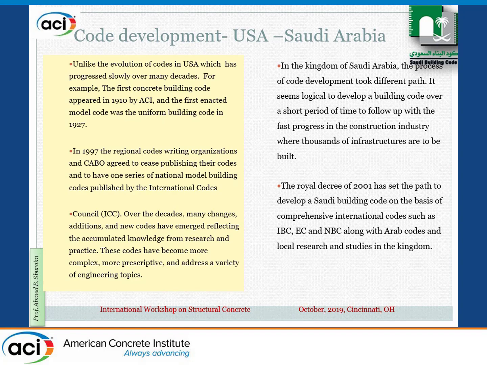After that, as you know, the three model codes joined and became the ICC, International Code Council, in addition to the other standards like ACI and steel standards and different parts of these.